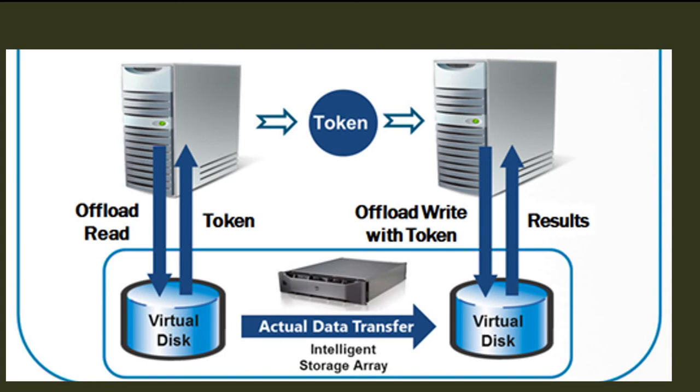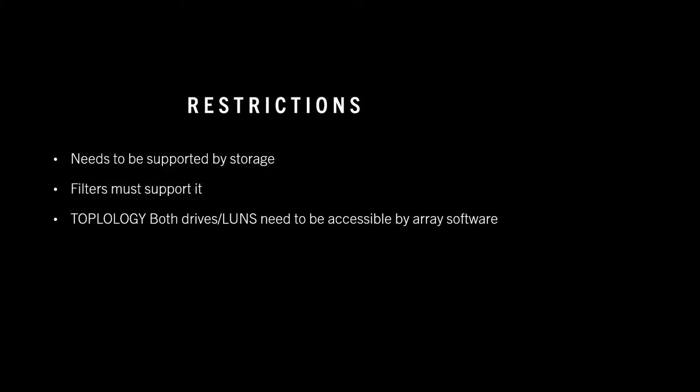But the actual data transfer occurs between the two LUNs, and the operating system is not involved. Traditionally, we'll do read from one file, write to the other, read from one file, write to the other. But in the case of offload write, we give the storage the responsibility of actually doing the copy.